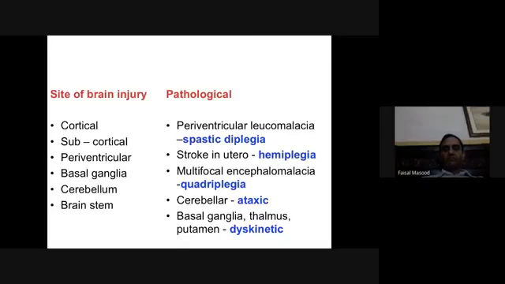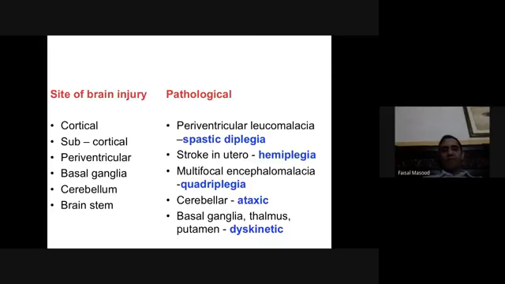The site of brain injury dictates what pathology will be seen. Cortical involvement, periventricular leukomalacia, subcortical involvement leads to spastic diplegia, periventricular hemiplegia, basal ganglia, and then involvement of the cerebellum and brainstem.